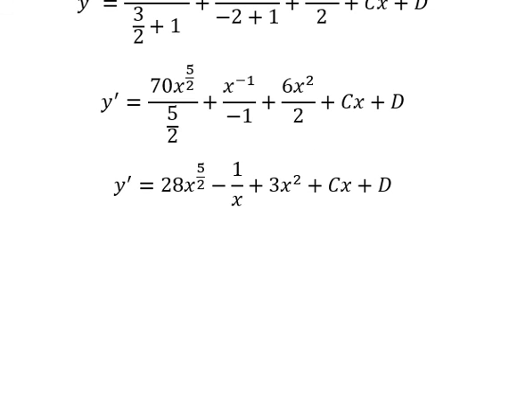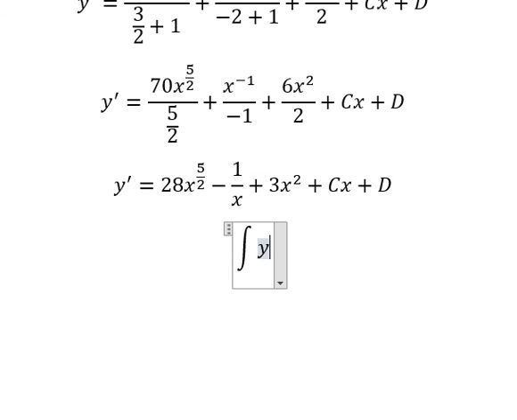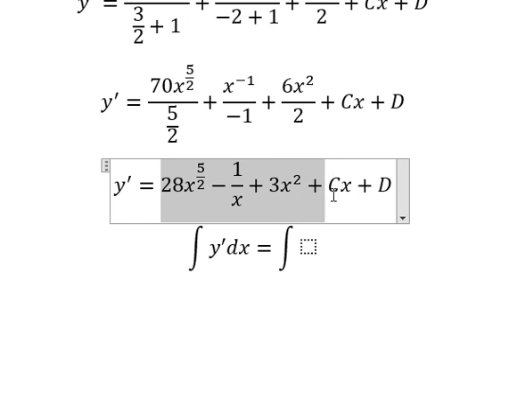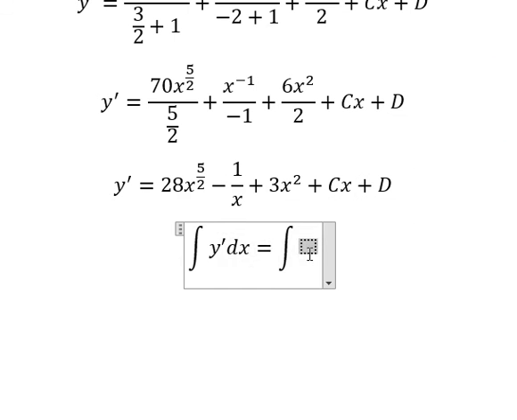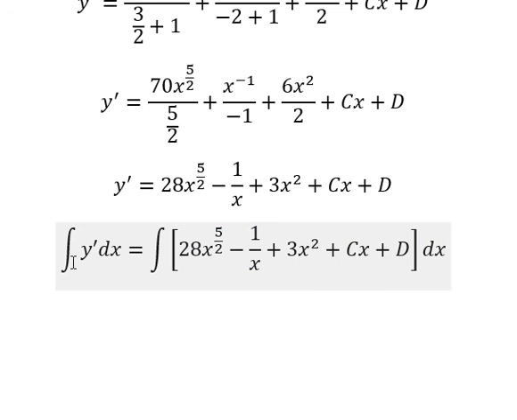Now we put the integration for both sides again. The integration of this one you get y.